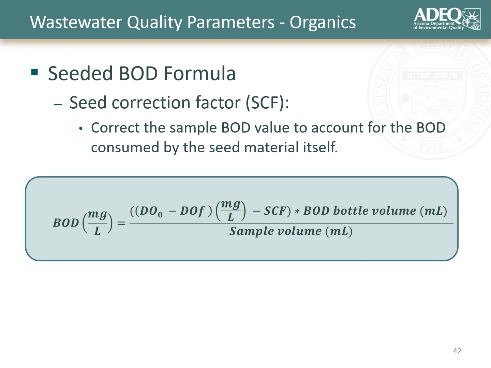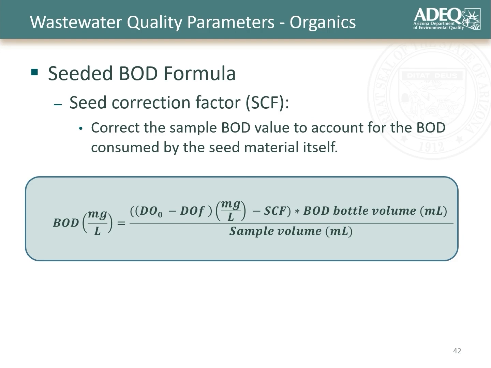Now, that was an example of the equation if you had an unseeded BOD sample. If you need to add a seed, you have to go through the process of doing a seed correction factor, which effectively accounts for the amount of BOD you may be adding, since the seed itself would likely have its own BOD concentration, its own BOD effect.